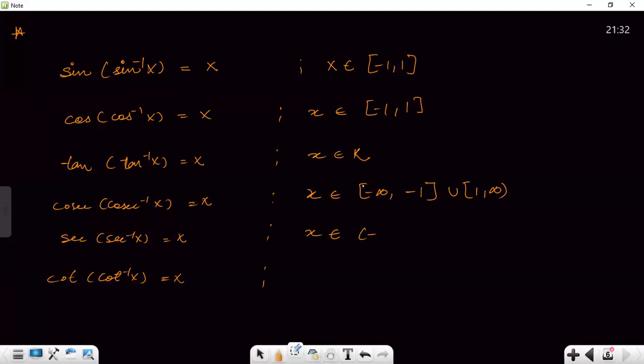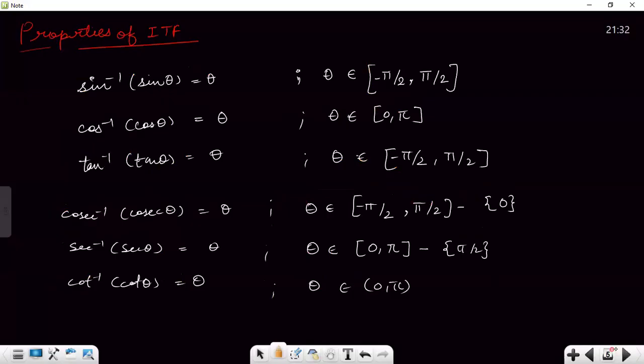Actually, infinity is never included. For cot, real numbers again. So you are not supposed to remember them. You just understand how it is written. So simple.